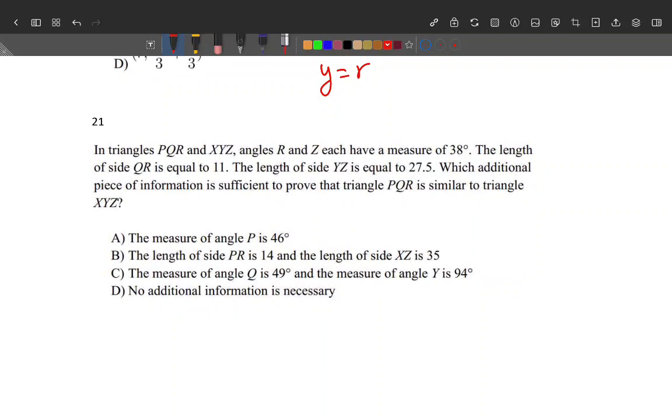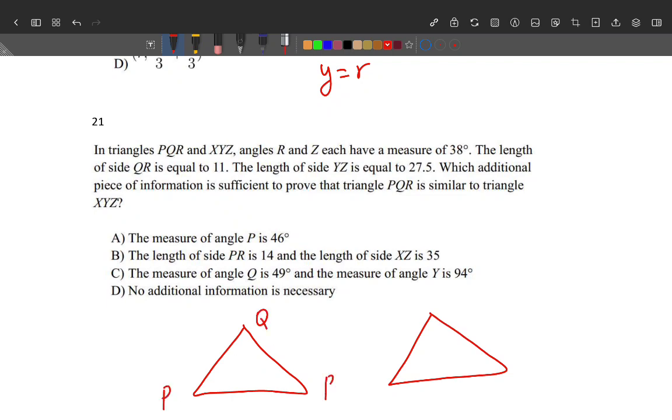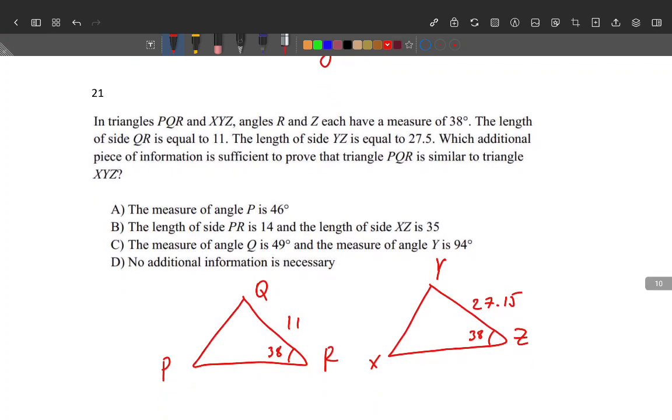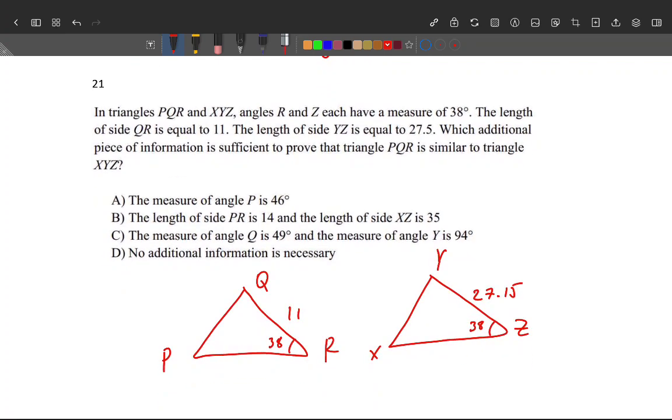Okay, in triangles PQR, XYZ angles R and Z each have measure. Okay, PQR and XYZ. Which additional piece of information is sufficient to prove that triangle PQR is similar to triangle XYZ?